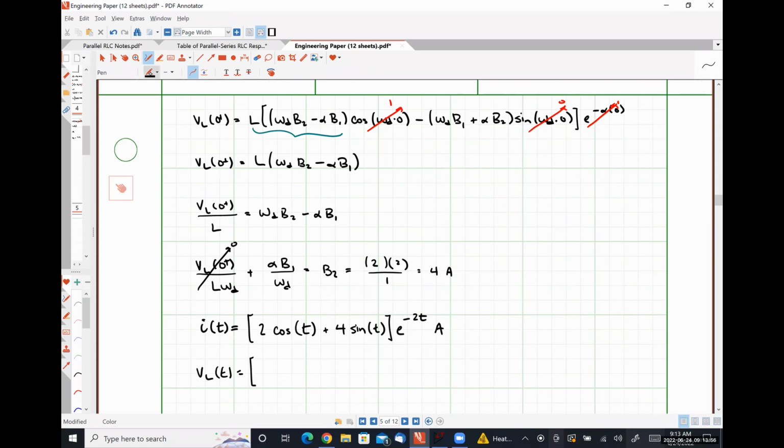Our second coefficient is going to come from this bit right here, multiplied by L. So I'm going to have negative 1/4 times omega d, which was 1, times B1, which is 2, plus alpha, which was 2, times B2, which was 4.